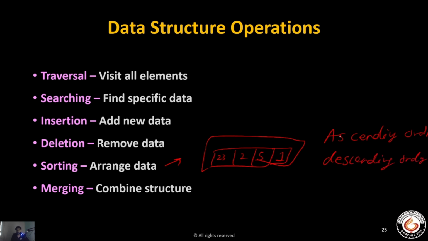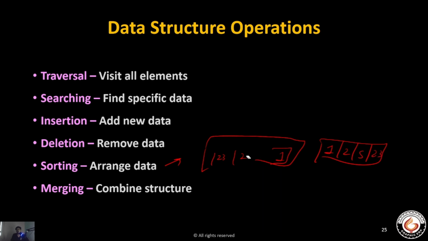This is known as sorting. For example, now we are converting it to the ascending order. So how will this data structure look after sorting? It will look like 1, 2, 5 and 23. So this is known as sorting.